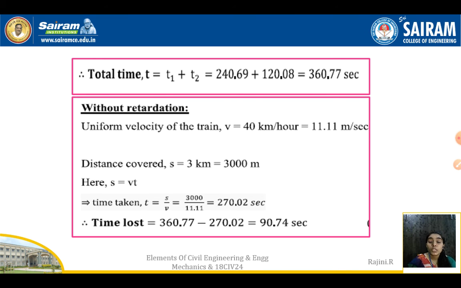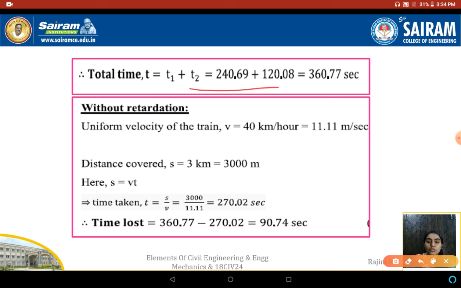Okay, the total time we got now from negative and positive, t is equal to t1 plus t2, is equal to 240.69 plus 120.08 seconds. So final is 360.77 seconds. So finally we got the time.